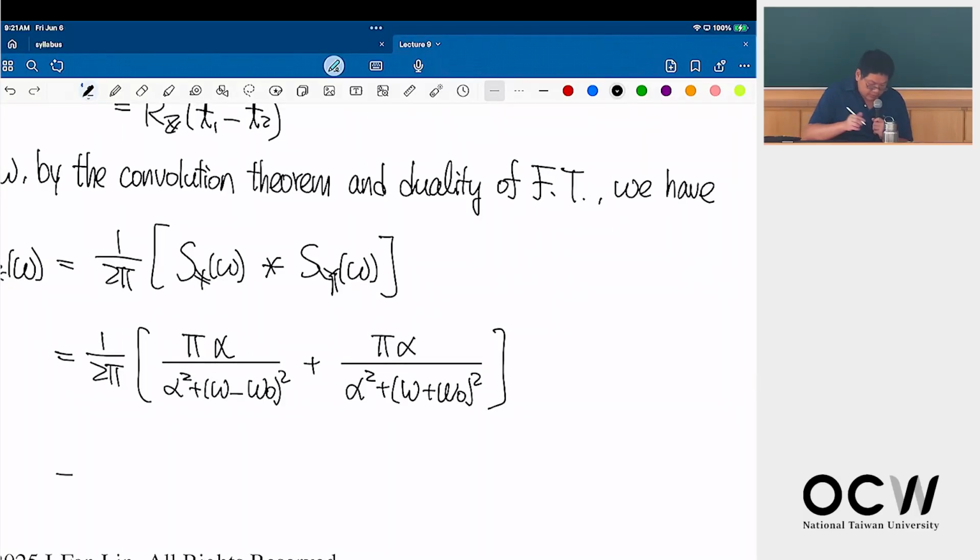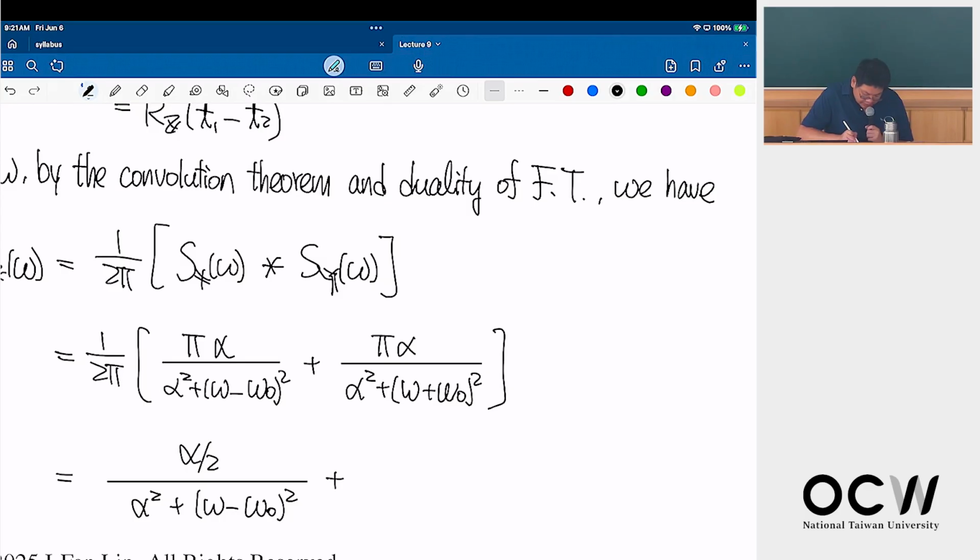So you get, we cancel pi, then we have alpha over 2 as a numerator, and the denominators are the same.